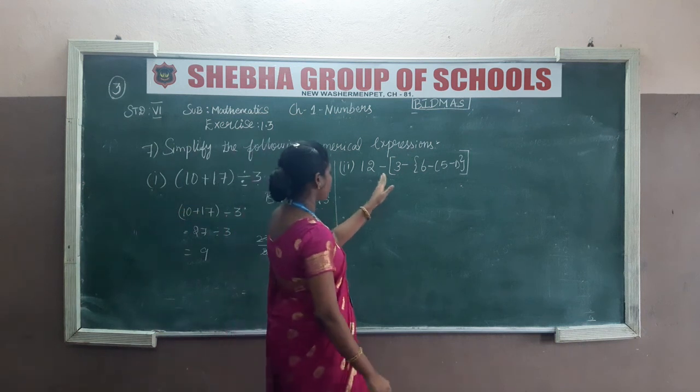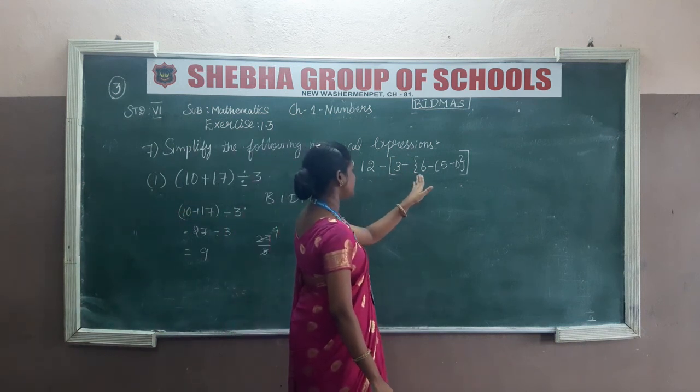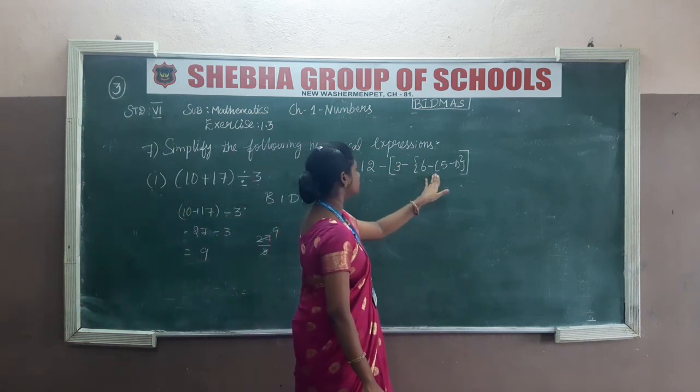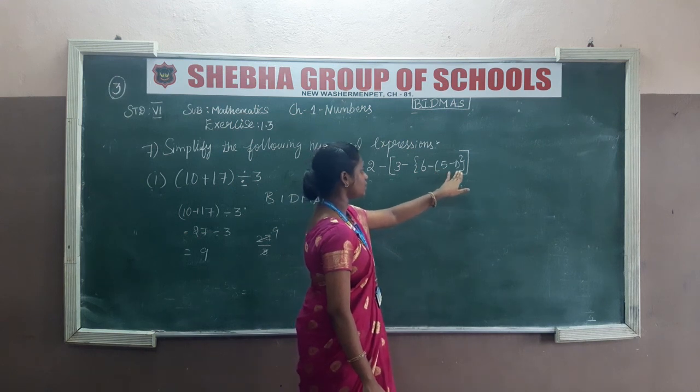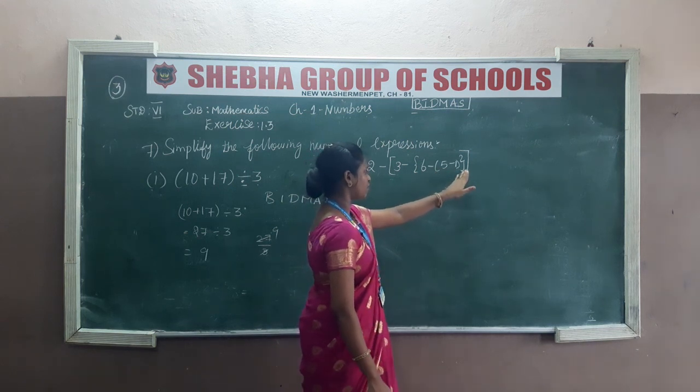Next question is 12 minus open bracket 3 minus open curly bracket 6 minus bracket 5 minus 1 close bracket, close the curly bracket and close bracket.